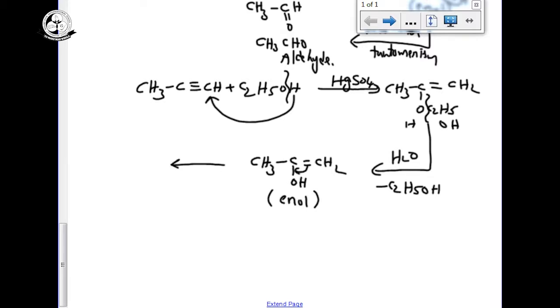This will be here and hydrogen will go here. You can get CH3 C double bond O CH3. This is the keto form, which is more stable, and the conversion from enol to keto form is called tautomerism, that is keto-enol tautomerism.